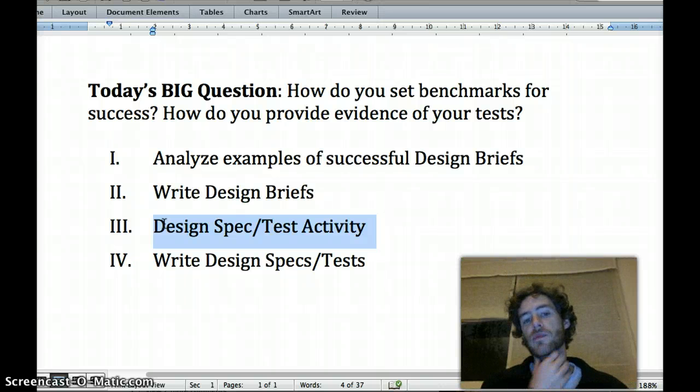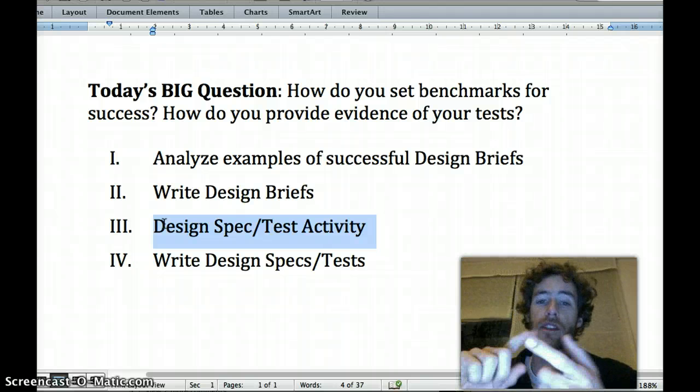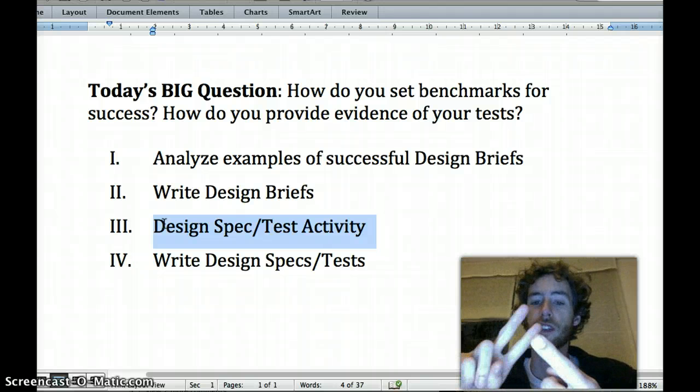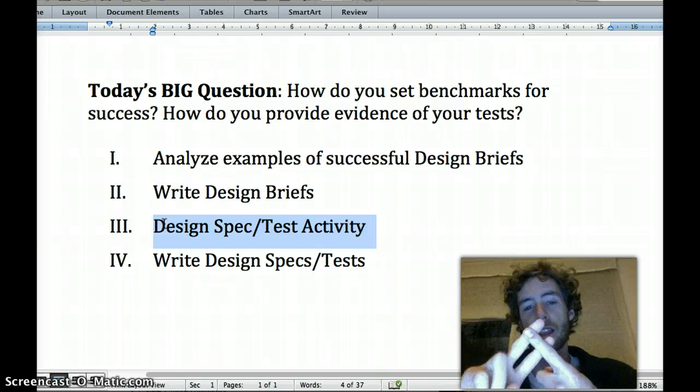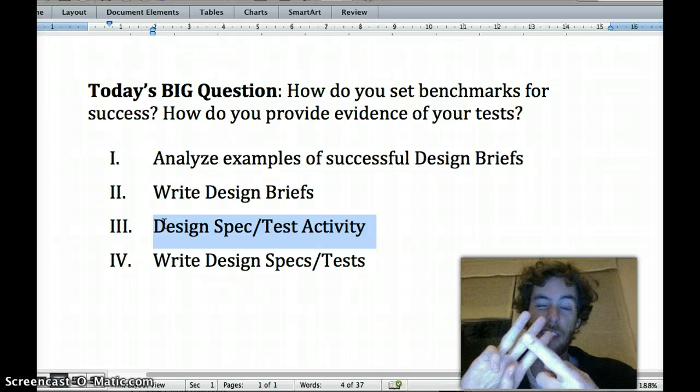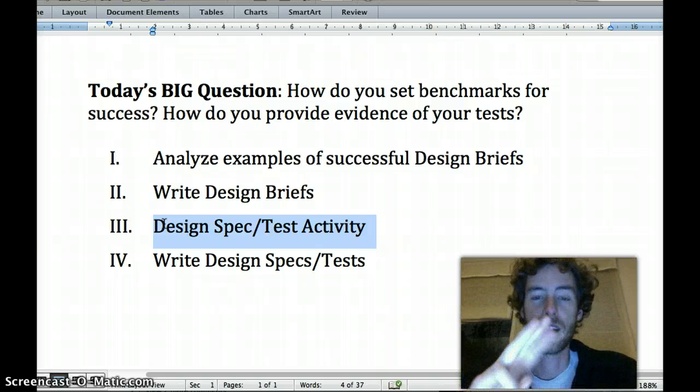And those tests, as our big question for the day kind of hints at, those tests should be measurable, they should have clear benchmarks for success, and they should be able to provide evidence of the results of the test.